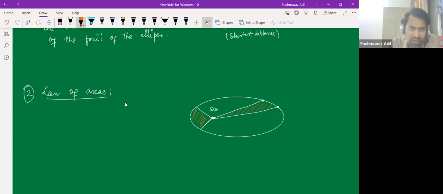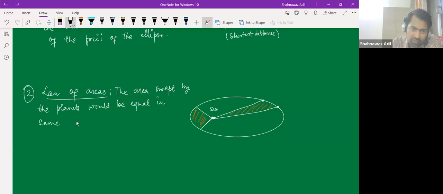So the second law says that the area swept by planets would be equal in the same interval of time.